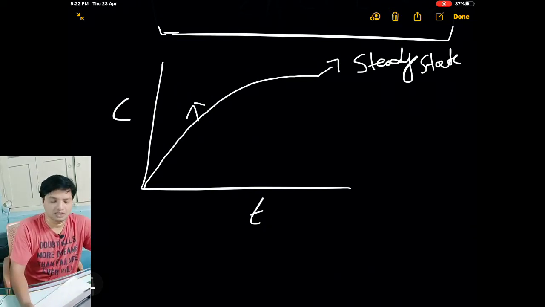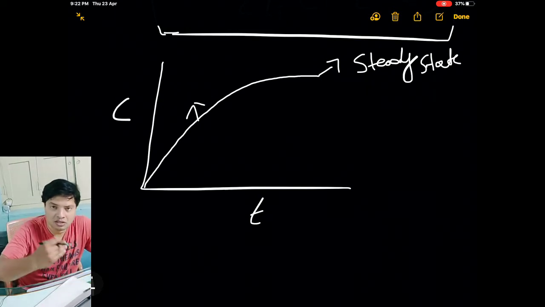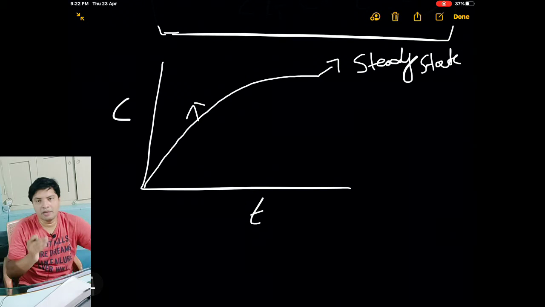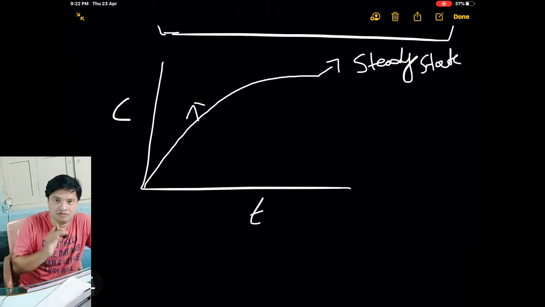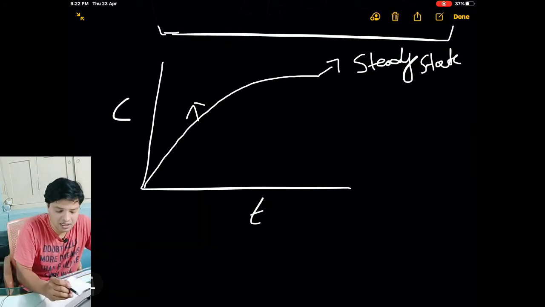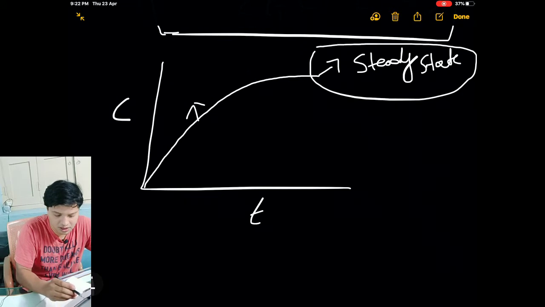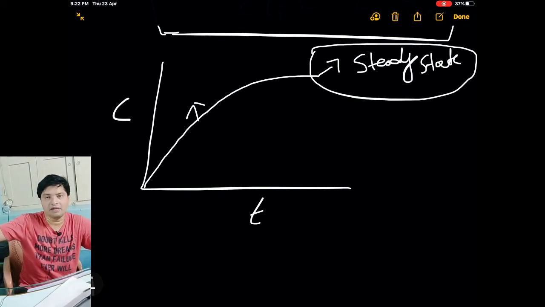Then, as the concentration of drug increases, elimination also slowly increases. The drug concentration increasing in the plasma due to IV infusion and the elimination will be equalized at this state. At this point, the rate of infusion is equal to the rate of elimination.